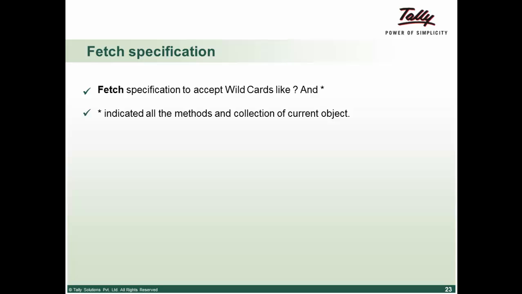The moment I mention asterisk, it fetches all the methods in that particular object along with the collections of the current object. If you look at the object voucher and I say voucher asterisk, it will fetch all the methods of the voucher along with the collections. Voucher has two main collections, ledger entries and inventory entries, so these two collections are fetched.